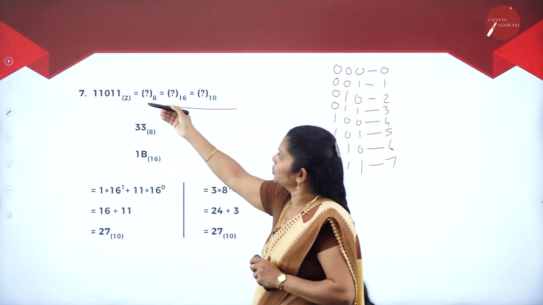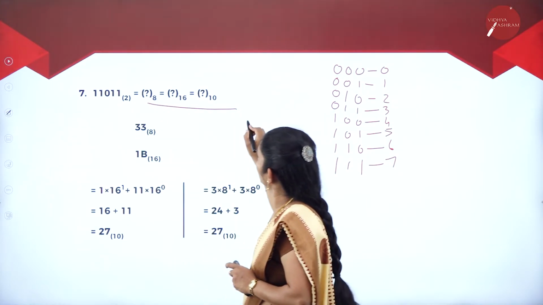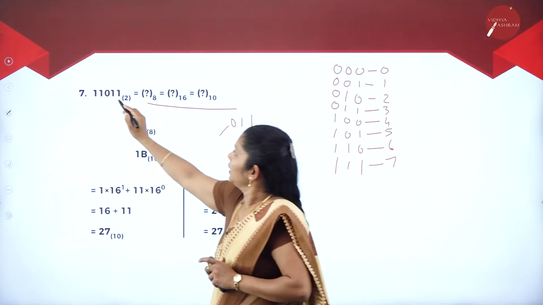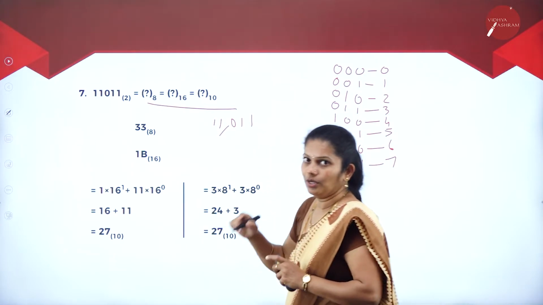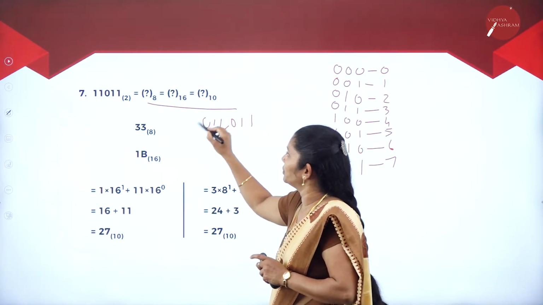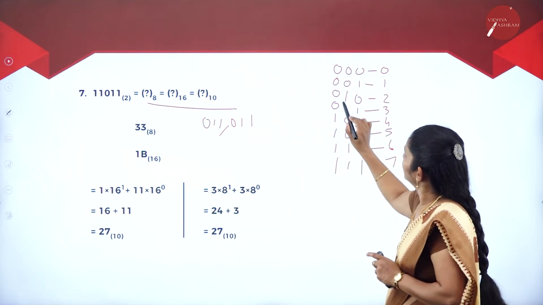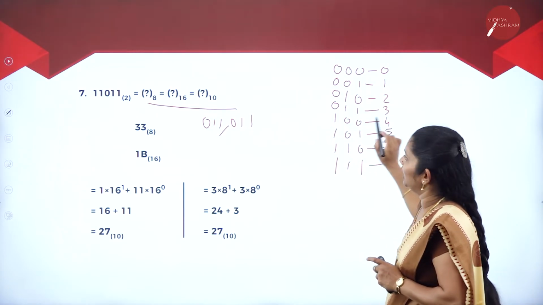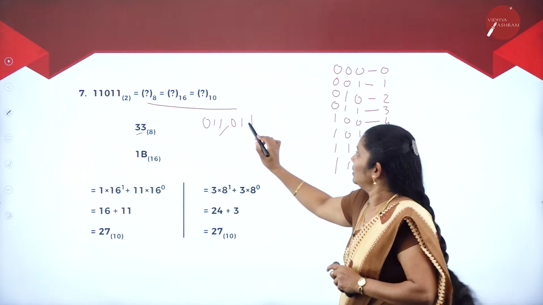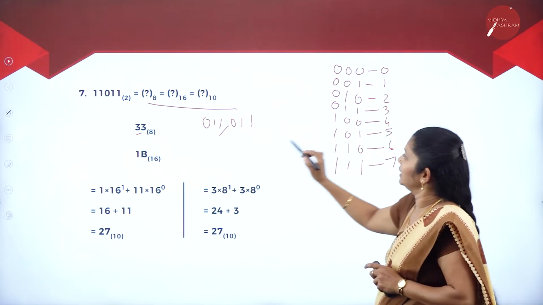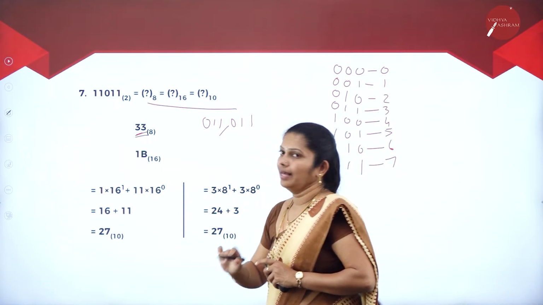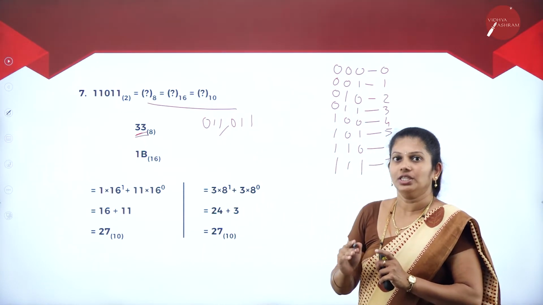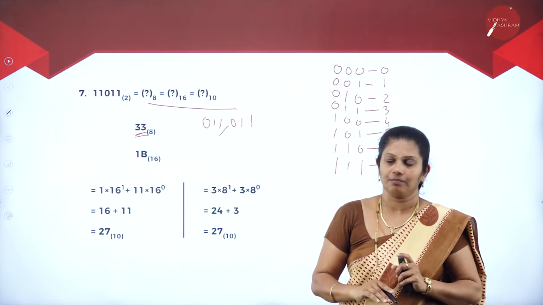Now from this, make 3-bit separations. 1, 1, 0. Then here 1 we have. To make 3 bits, we write 0. Now see here 0, 1, the value is 3. Once again 0, 1, the value is 3. If we make 3-bit separations, then we get the octal number.